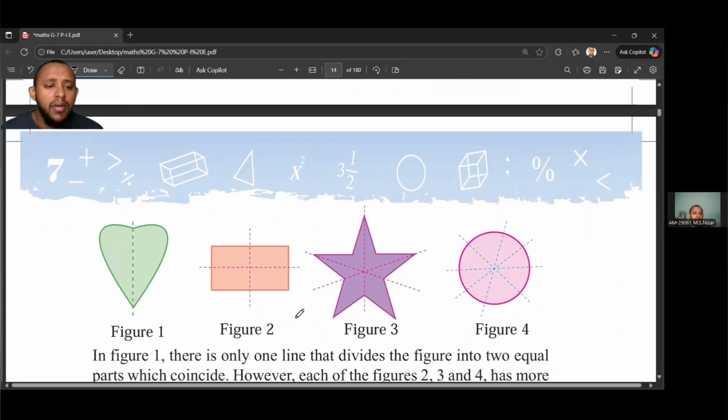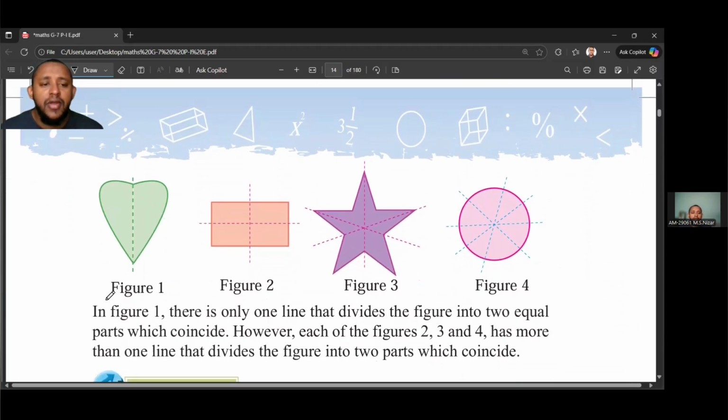Moving further, figure one shows you a heart-shaped one. You can consider just a vertical dotted line. The second figure has two perpendicular directions, then the star has three dotted lines.